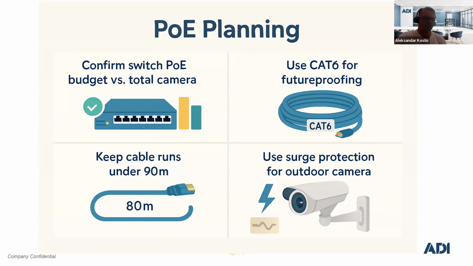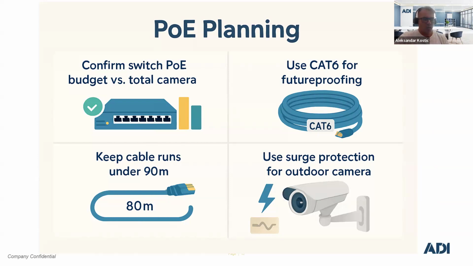I mentioned through the CCTV design that all the cameras, as IP cameras, are connected through the network cabling to the switch, and we need to take care about the length of that cabling and of course about the bandwidth available. But that is just covering the data side of the communication between the camera and the switch.